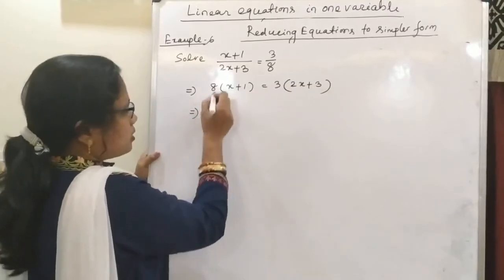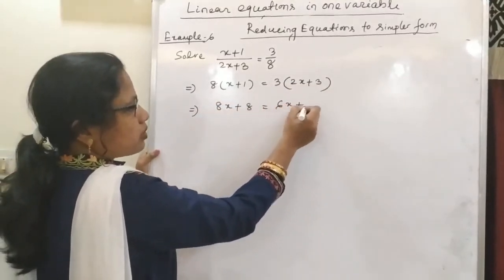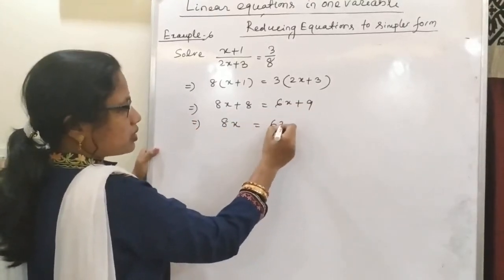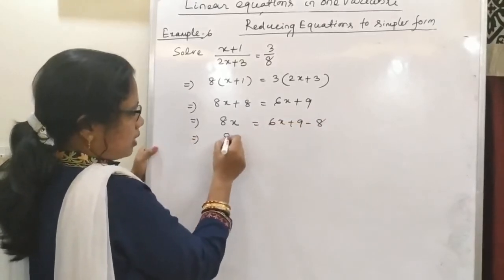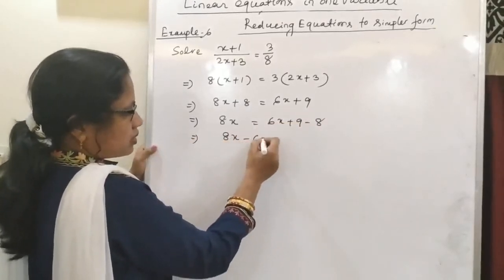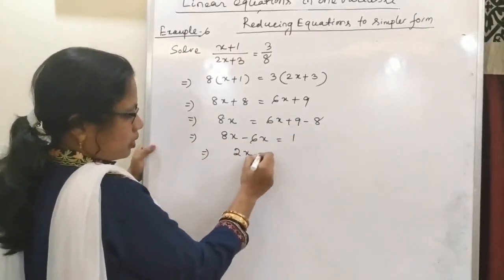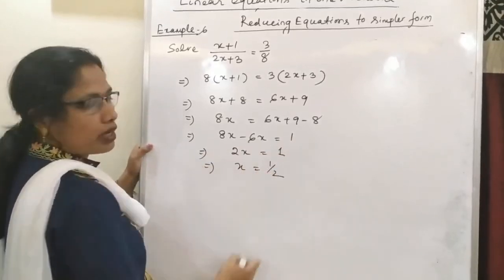So this will become 8x plus 8 is equal to 6x plus 9. So this implies 8x is equal to 6x plus 9 minus 8. So this implies 8x minus 6x is equal to 1. So this implies 2x is equal to 1. So this implies x is equal to 1 by 2.